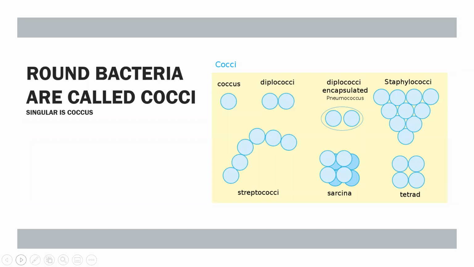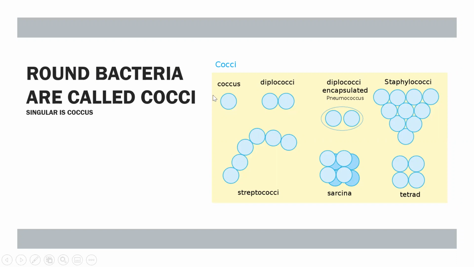So round bacteria are called cocci, and as you can see, they come in different arrangements also. These different arrangements arise when a parent cell divides into two daughter cells, and they don't completely separate from each other in physical space.